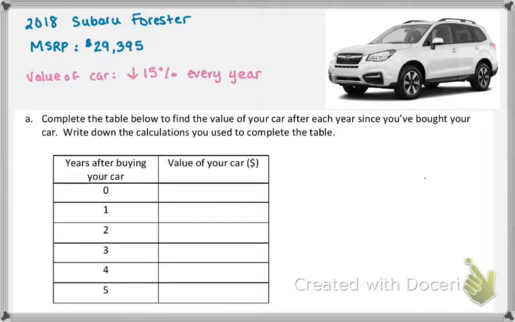As an example, I'm going to tell you a little bit about my car. In 2018, when I decided to move from Rhode Island to Mass, I got a new car because I knew I would be driving more, and my car at the time was very, very old. So the car that I got was the brand new 2018 Subaru Forester, and I got the limited edition, which according to online, the price is $29,395.